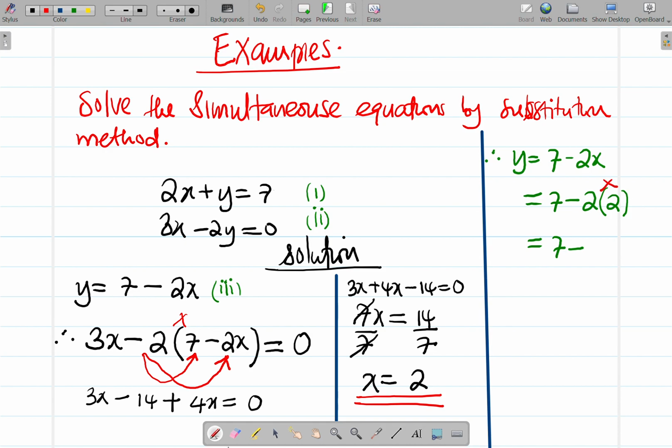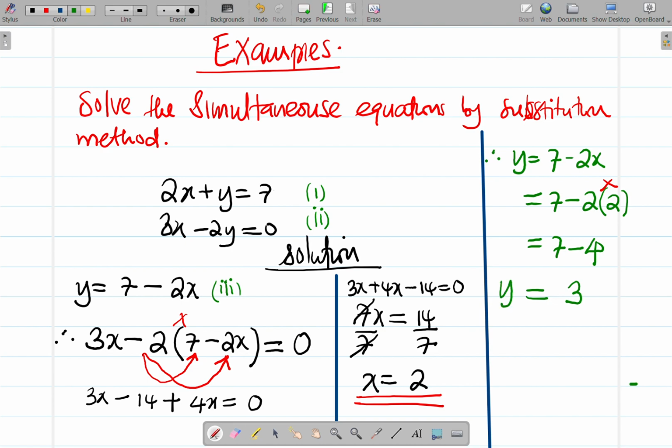So that is the same as 7 minus 2 times 2, which is just going to give me 4 there. So 7 minus 4, now I'm going to have 3 there. That is going to be my solution. So y is equal to 3.